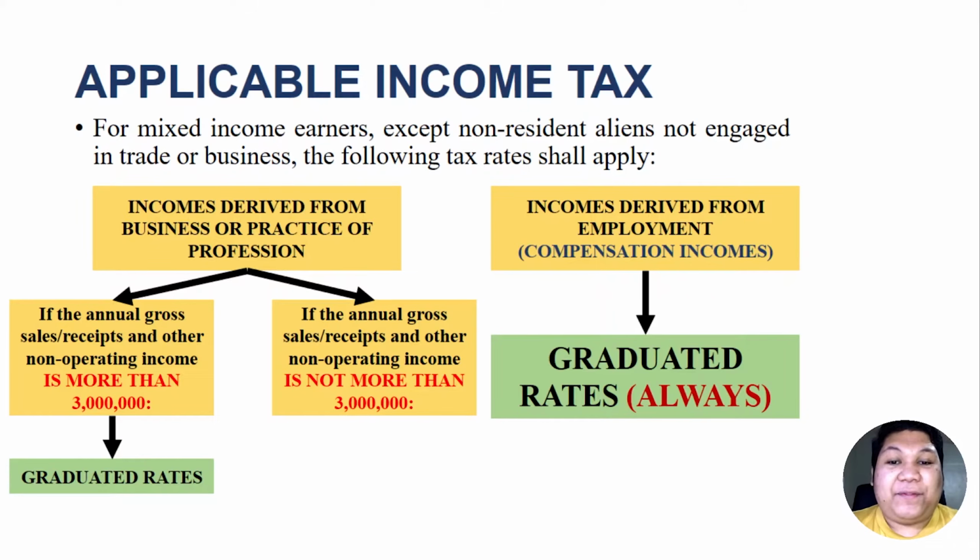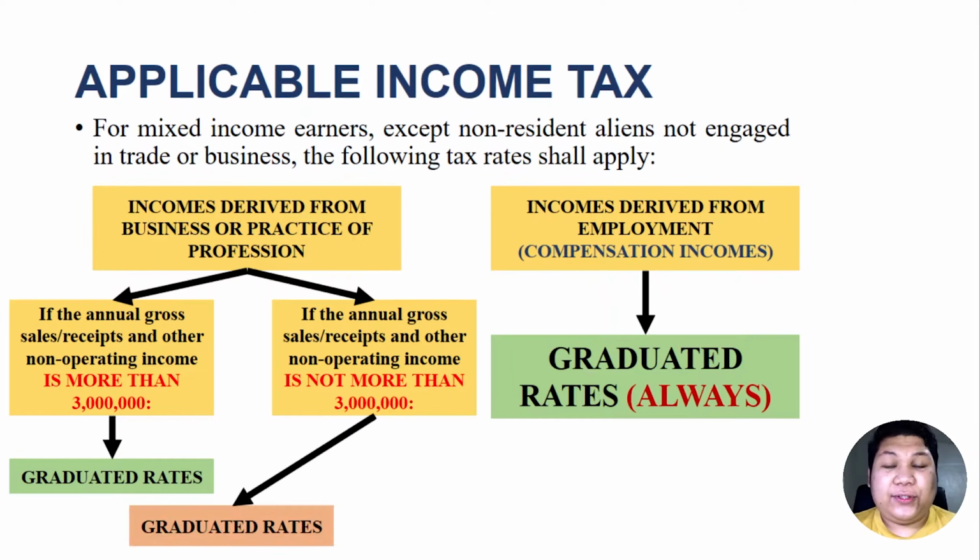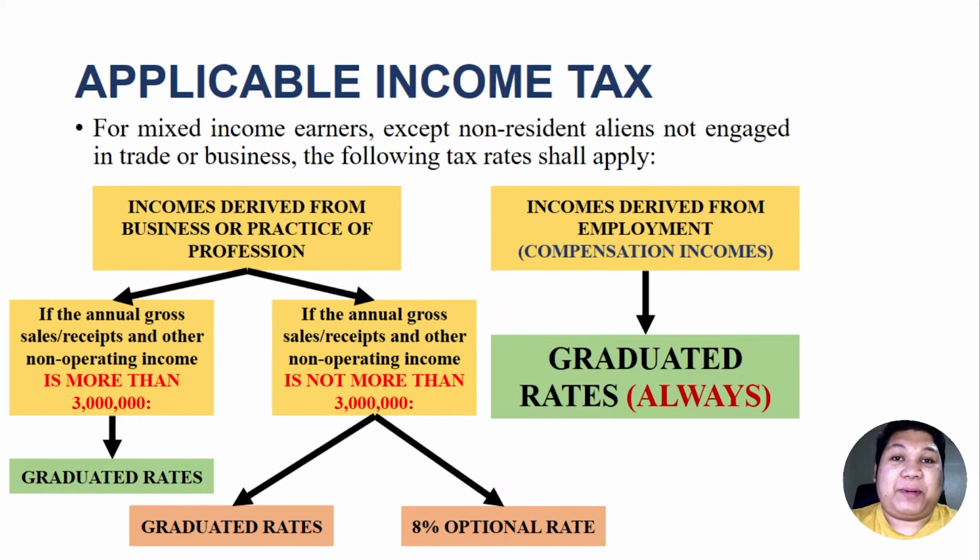While if the annual gross receipts or sales and other operating incomes is not more than 3 million, the taxpayer has the option to select whether he should subject this income from business or practice of profession to graduated rates or to 8% optional rate. It depends on his option or decision.